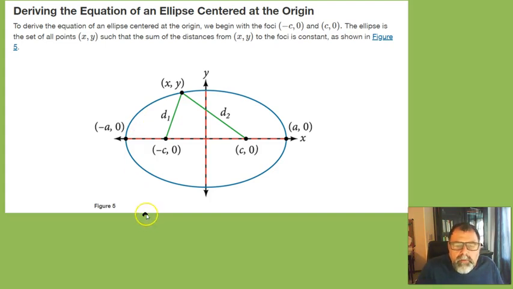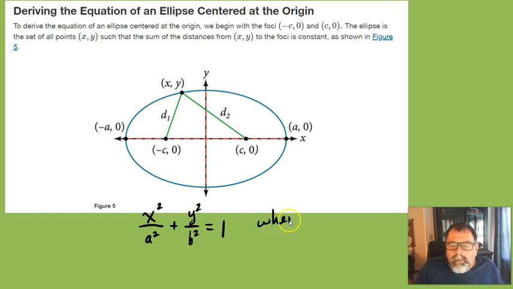It's going to end up being x squared over a squared plus y squared over b squared equals 1, where a squared minus b squared is equal to c squared.